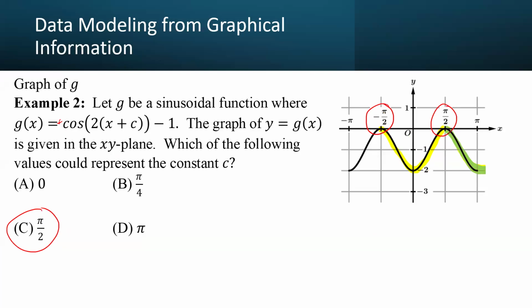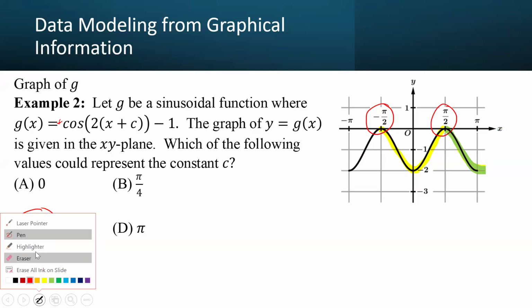What about a negative cosine, an upside down cosine? If it was a negative cosine, it wouldn't be a phase shift because it would be at 0. So I wouldn't have to shift left or right. Good job, guys.